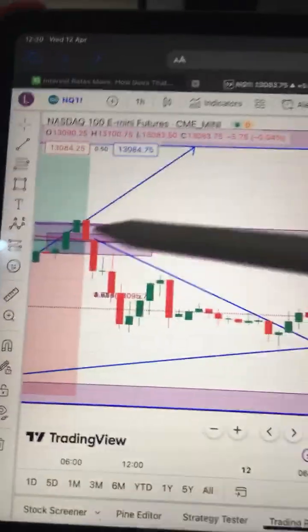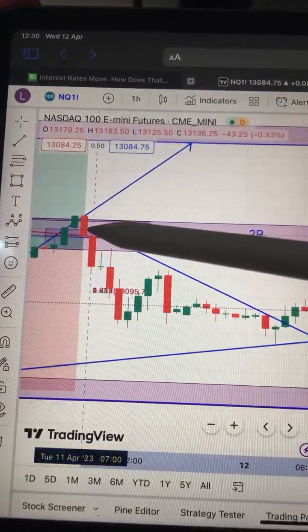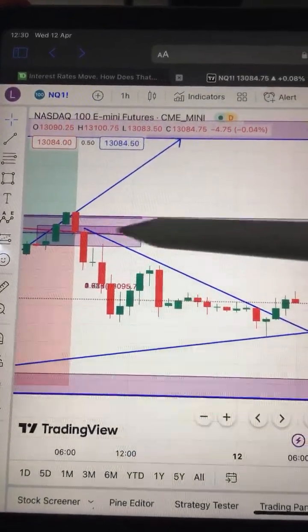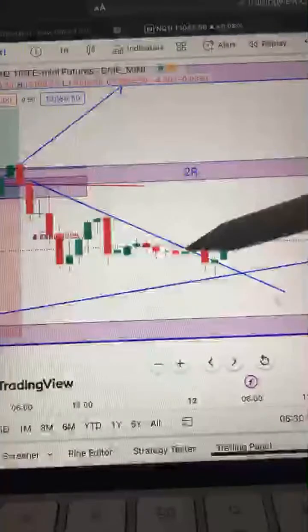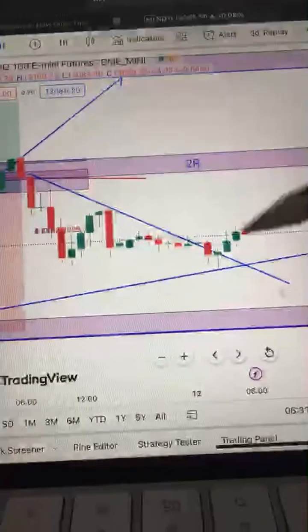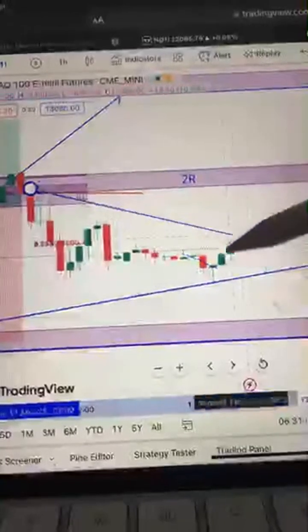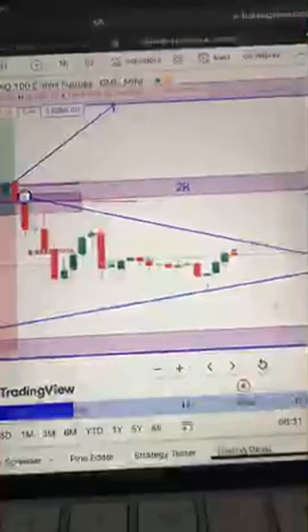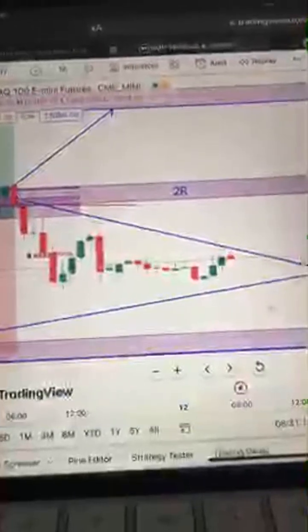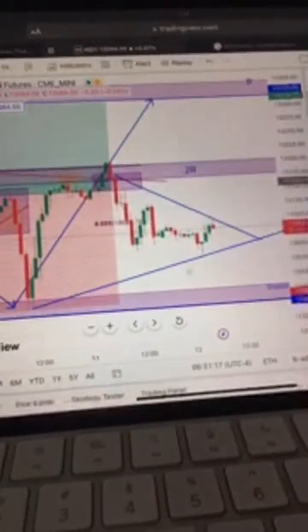So this is my touch 1 right here. I'm modifying my setup, so actually I should wait for this. Once it is done forming this candlestick, then I'll use this as my touch and extend my trend line and wait after.